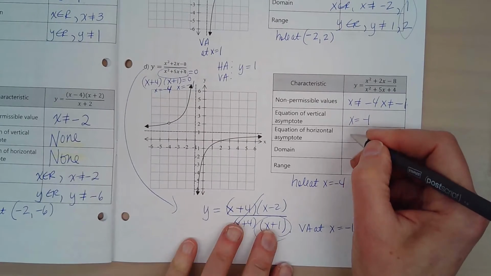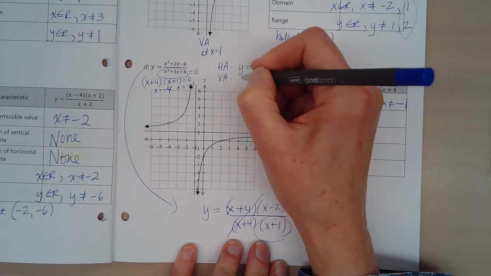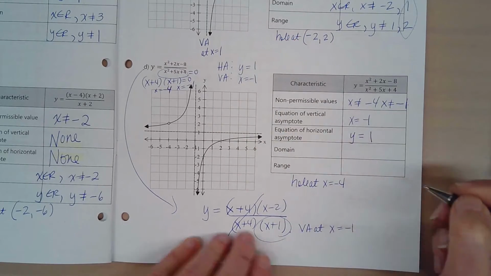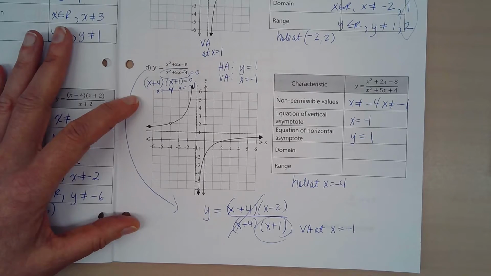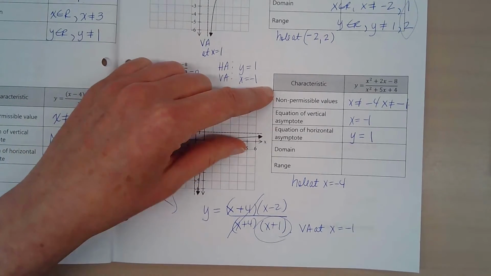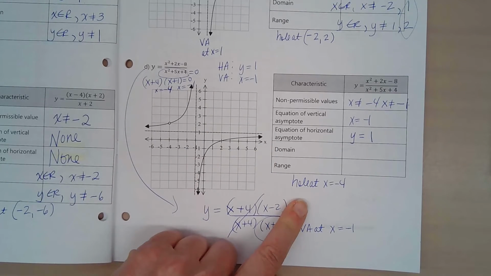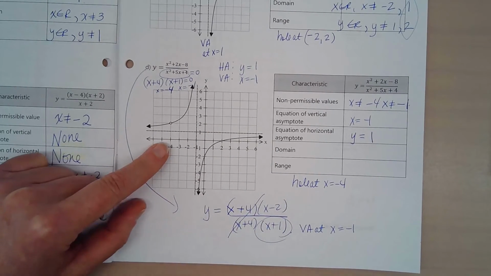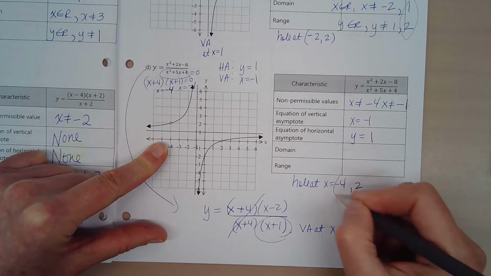Horizontal asymptote we figured out right away. Now they're actually easy to do, right? The horizontal asymptotes are easier than verticals, I think. Now we've got our non-permissibles, our verticals, horizontals. The only thing, I figured out my hole, I just have to figure out the y value of the hole. Okay, so that's the coordinate of the hole.